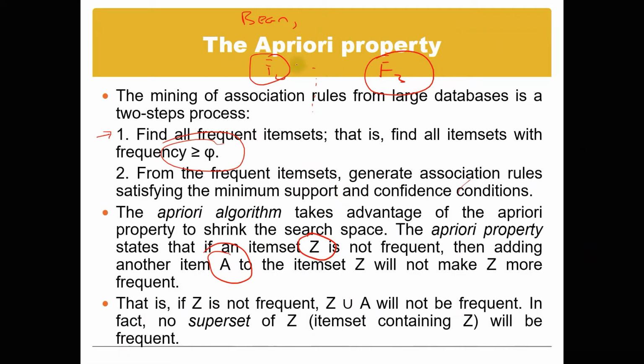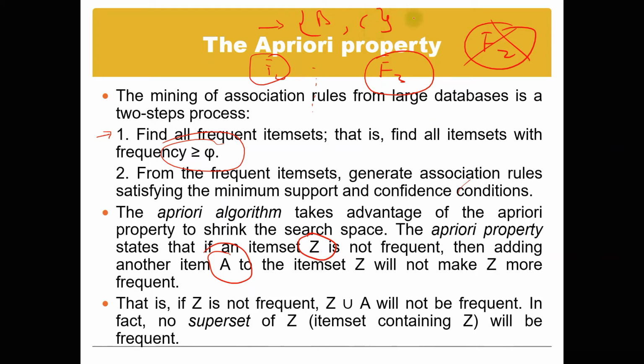Let's remember this example of broccoli and corn. Broccoli and corn was not part of F2. It was not part of F2 because it doesn't satisfy this minimum threshold. So it is already not a frequent item set.